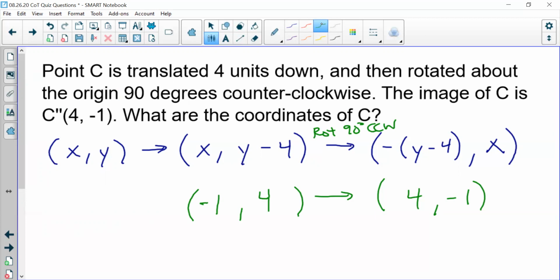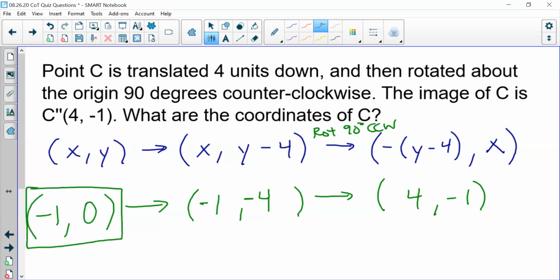So our 4 that swooped in had to have been negative to begin with to end up with a positive 4 at the end. From there, we had the translation 4 units down, so we had to subtract 4 to get to negative 4. So we had to have started at (negative 1, 0).